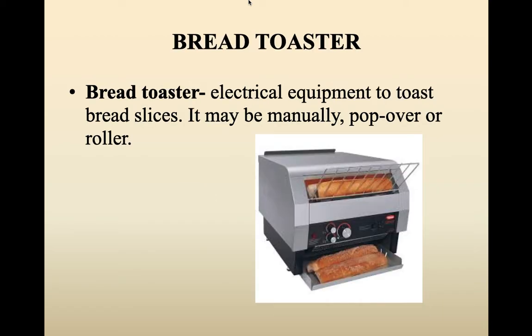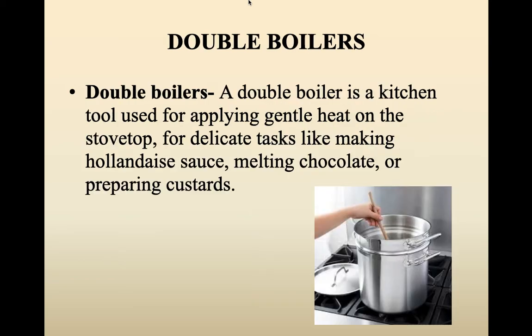We have the bread toaster. Now the bread toaster is again equipment that is utilized in the pantry department of the bakery, and it also has a very important role to play in the pastry and patisserie department, where roasting of breads and bread products is done and coloring is given. Another equipment utilized for cooking is the double boiler in the bakery.